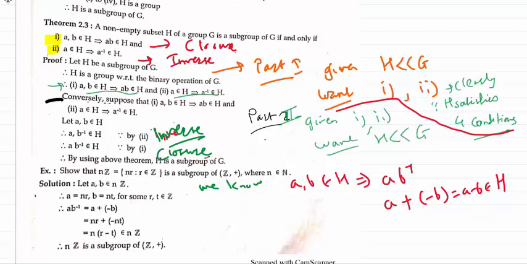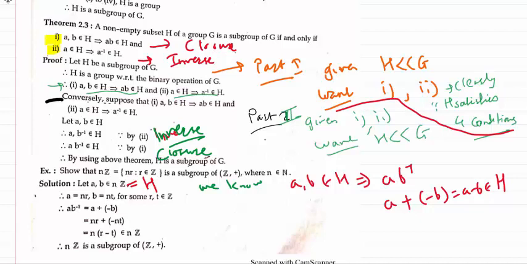So to show H is a subgroup, we have to show A minus B belongs to H. Here H is equal to NZ, the integers which are multiples of n.